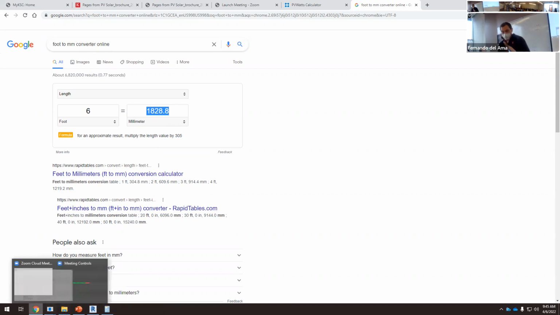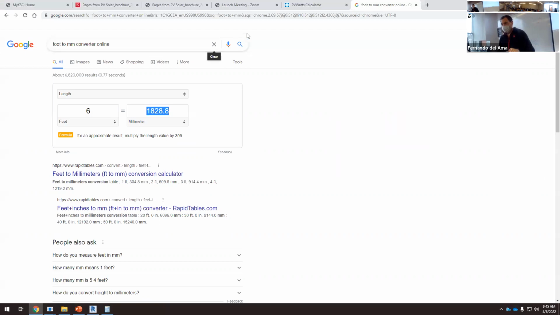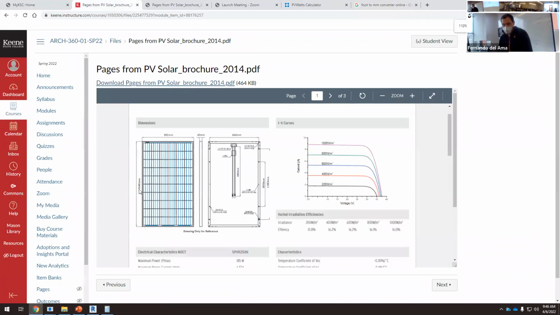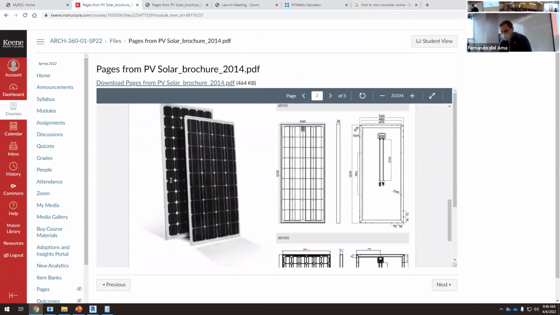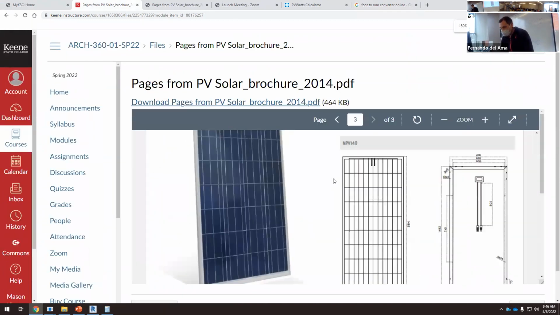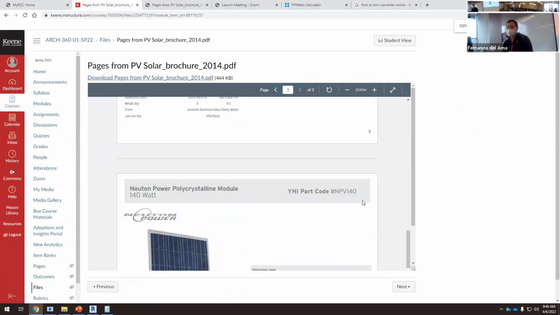According to your decision, and I don't mean that it's the wrong one, we will select this one, because this one is 1600, this one is 1500, and that one was 1400. So we would select the first one.